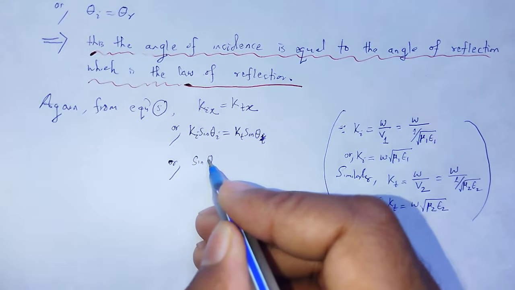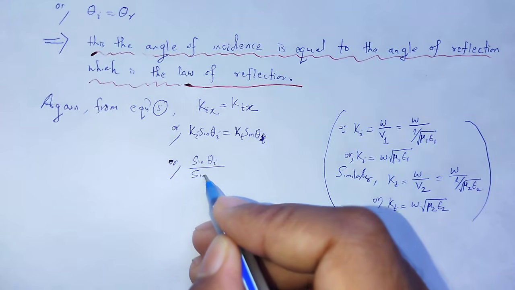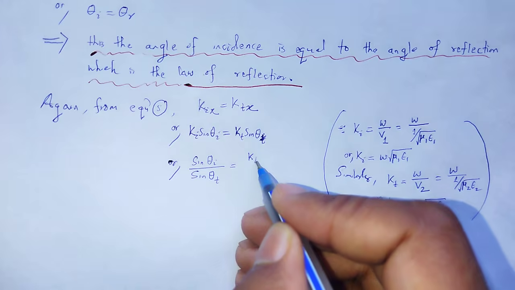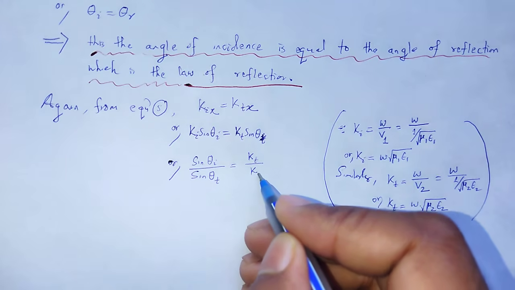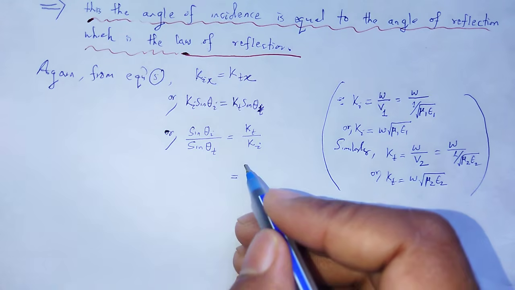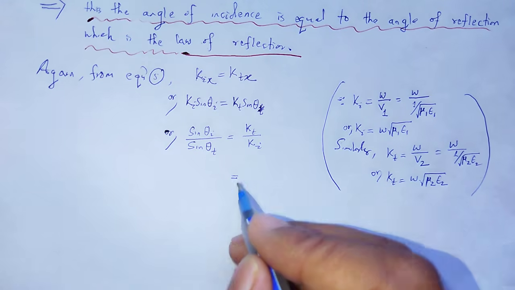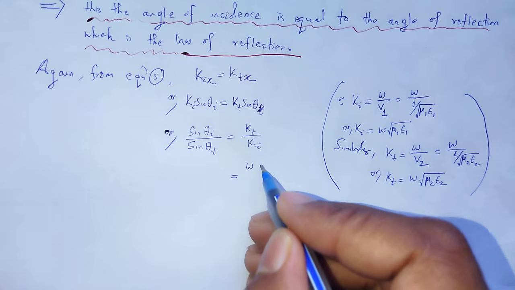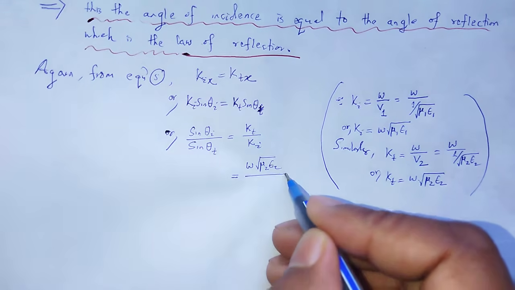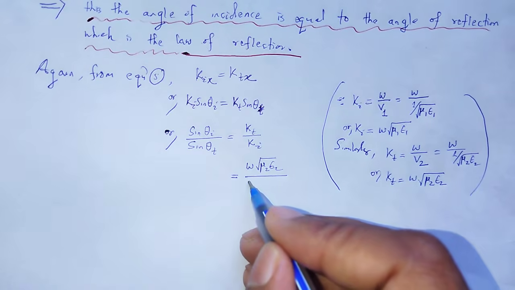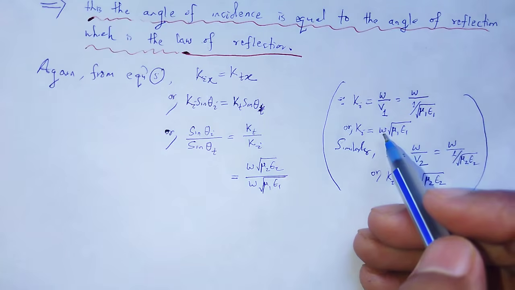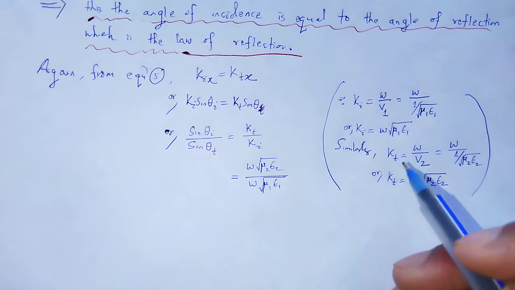So sin theta i divided by sin theta t is equal to kt divided by ki, or kt as omega under root mu 2 epsilon 2 divided by ki omega under root mu 1 epsilon 1. Why do we choose omega as the same?